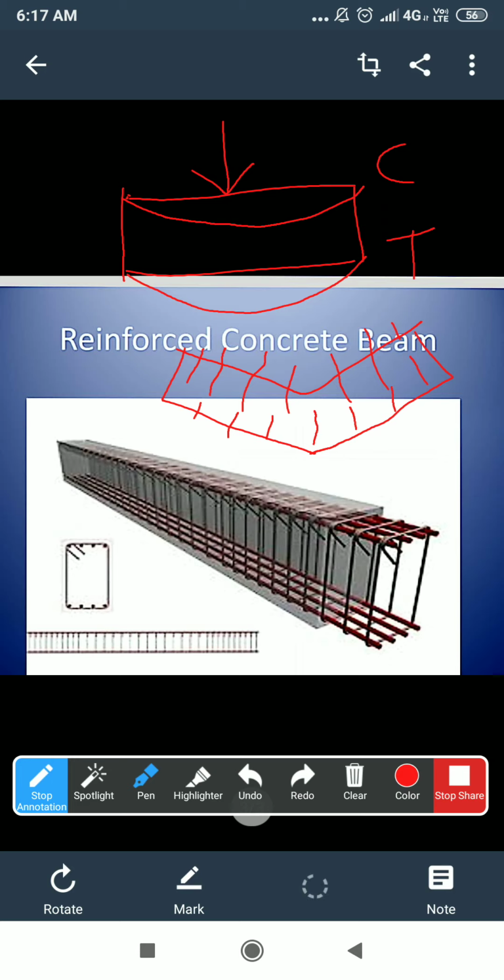So in order to improve its load carrying capacity beyond its flexural capacity, the concept of reinforcement was introduced. How does this reinforcement play an effective role in resisting the propagation of the crack till the top fiber?